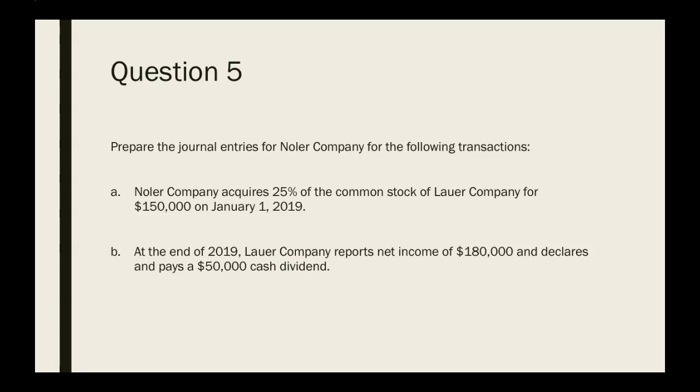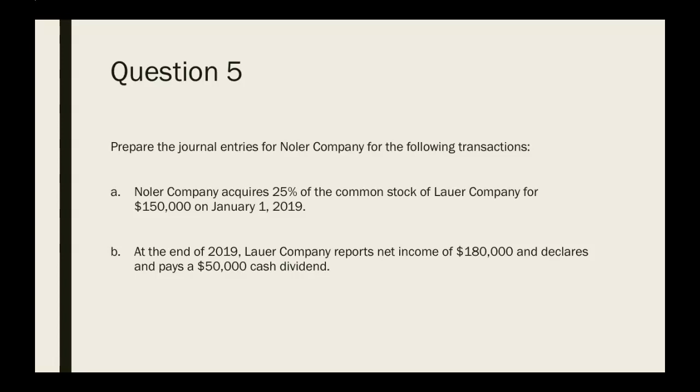You see right off the bat, you now own a quarter of Lauer Company. In that last problem, you only owned 5% of Escalante Corporation. So now you own a lot more of another company, right? So this is going to be using a different method here than we did in question 4.